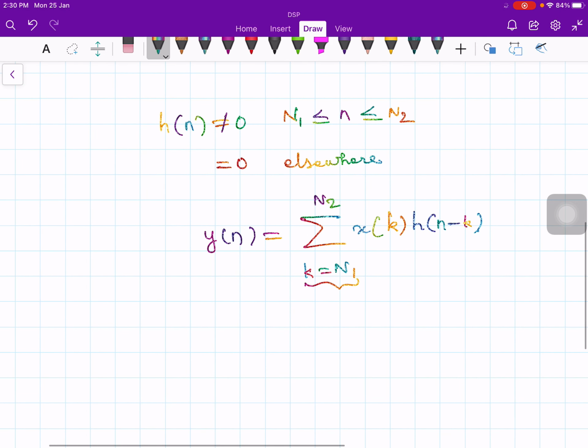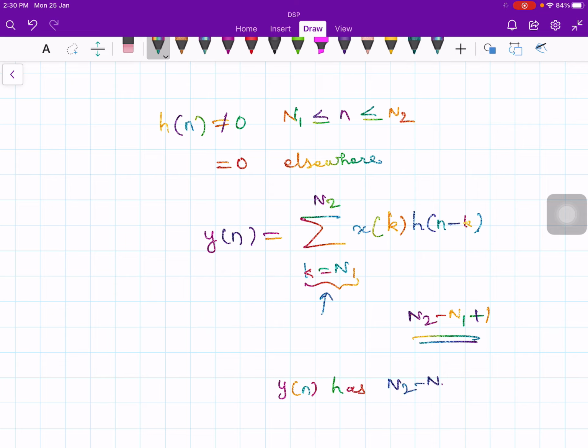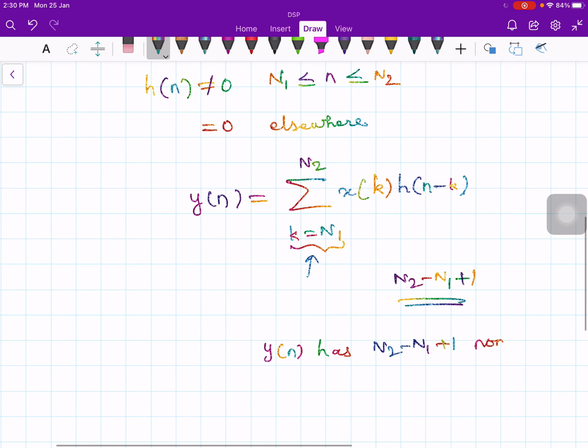So look at the limits. The limits are finite and there are only N2 minus N1 plus 1 samples in the response. So y of n has N2 minus N1 plus 1 non-zero outputs. That's how you calculate the response of FIR system.